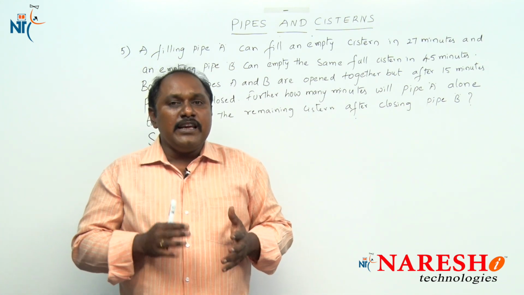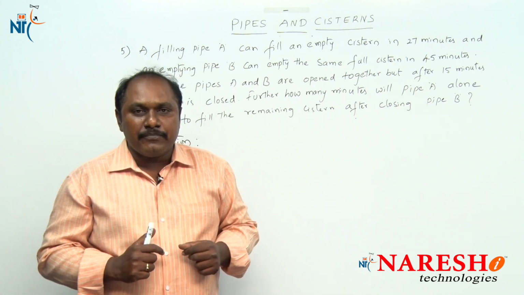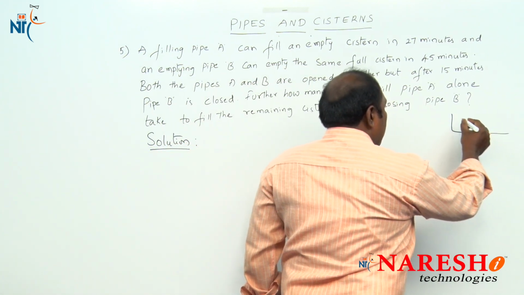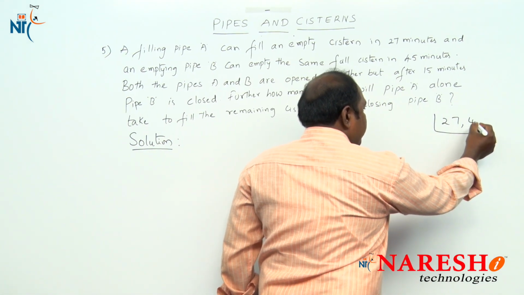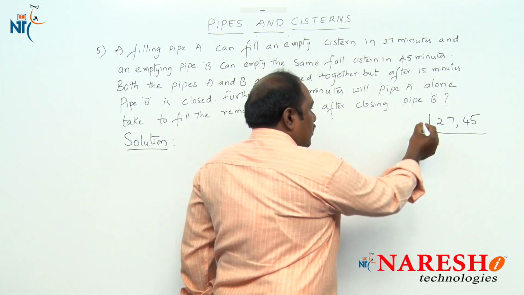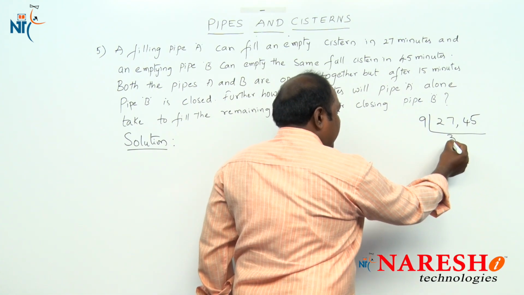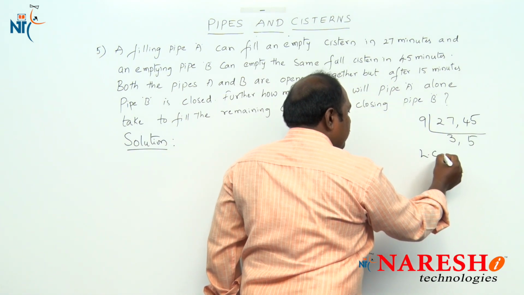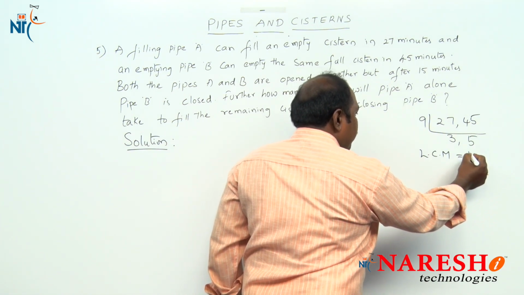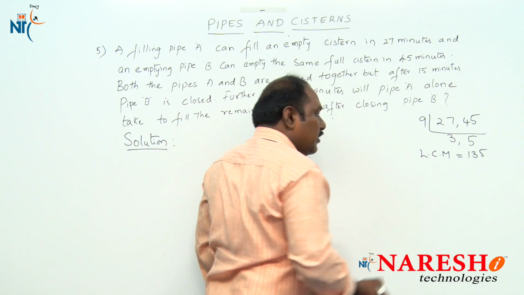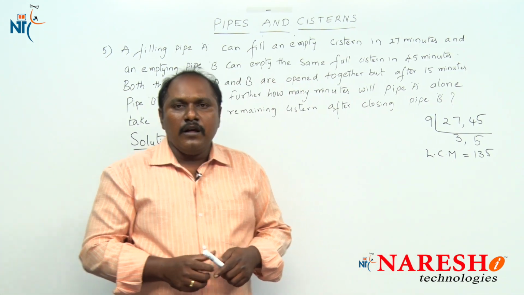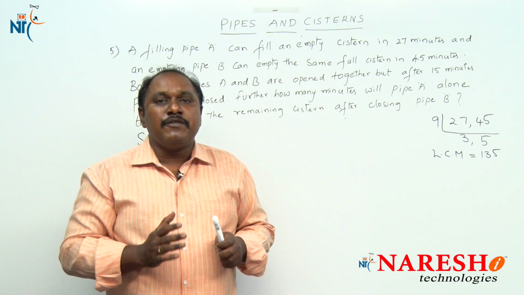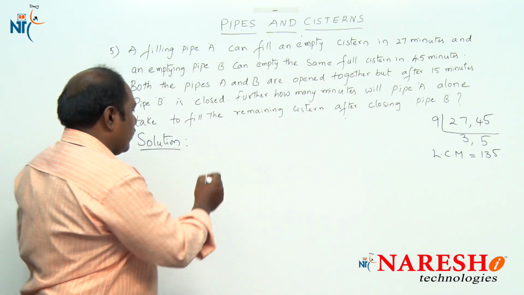So let us take the least common multiple, that is the LCM. Hope all of you know how to find the LCM of 27 and 45. I can take out 9 common, 9 3s, 9 5s. So the LCM of 27 and 45 is 135. Now I assume the total capacity of the cistern is 135 liters.